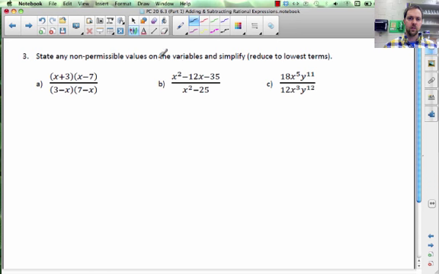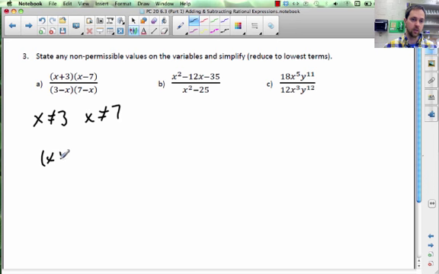State any non-permissible values on the variables and simplify. Okay, the variables, well, 3 minus x, so x cannot be 3. 7 minus x, x cannot be 7. Those are the non-permissible values. Now x plus 3 and x minus 7 in the numerator, and then 7 minus x and 3 minus x in the denominator, so these are opposites of the numerator's factors.